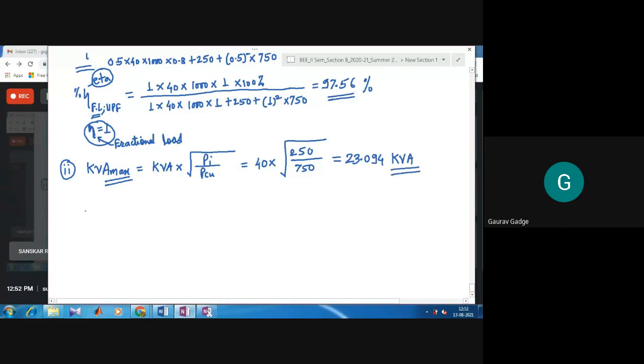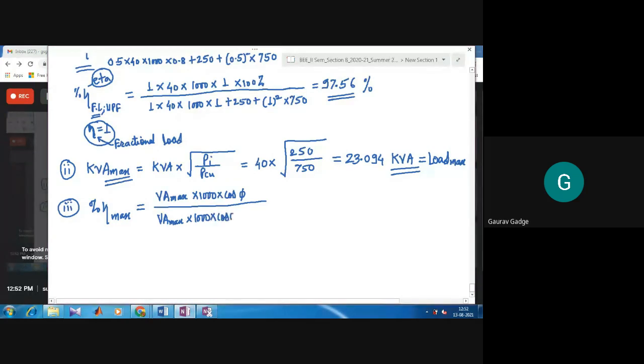23.094. Okay. Now the third quantity, what have they asked? They have asked to find out the percentage eta max. So this is load maximum. Now eta max is VA max into 1000 multiplied by cos phi, divided by the same VA max multiplied by 1000 multiplied by cos phi plus 2 times Pi.